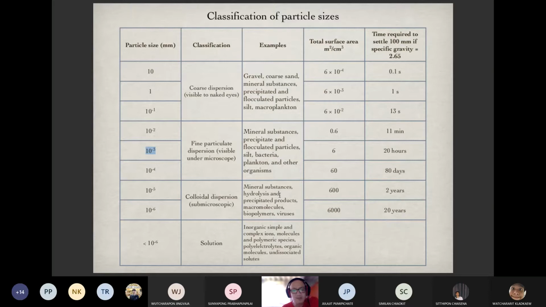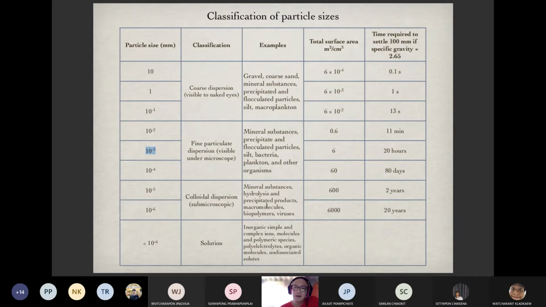Some mineral substance sizes range from very fine to coarse particles, so it depends on the types. Biopolymers, macromolecules, they are all colloidal particles, even viruses, much smaller than the bacteria.